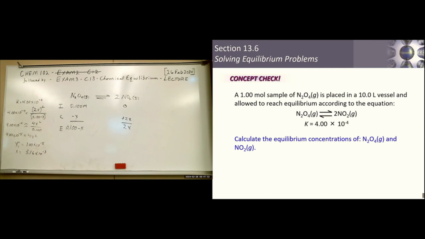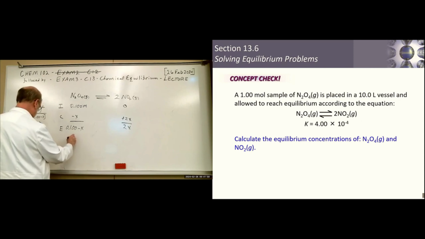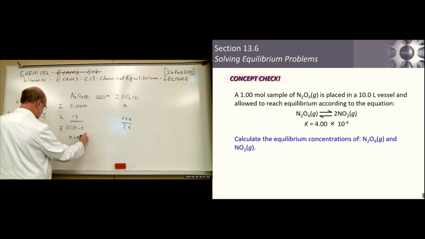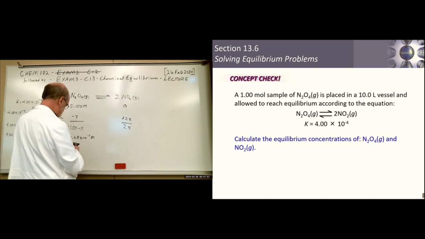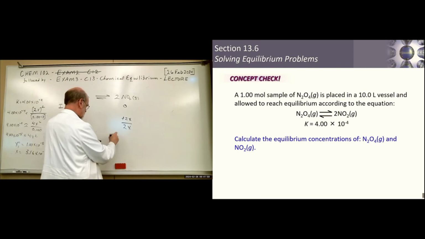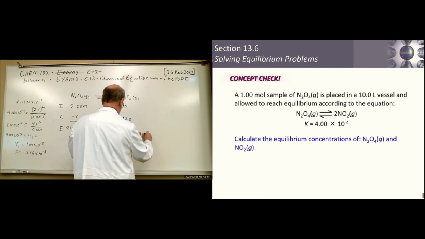Okay, that's x. So if we calculate the concentrations of these values, then 0.1 minus that value is 9.68 times 10 to the minus 2 molar, and 2 times that value is 6.32 times 10 to the minus 3 molar.